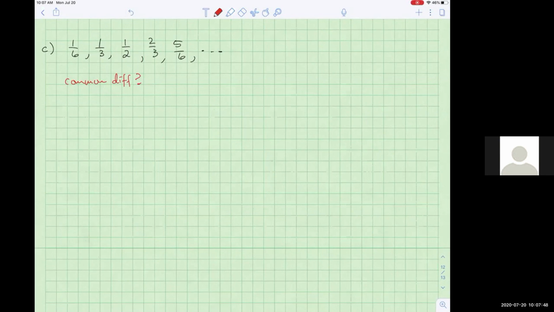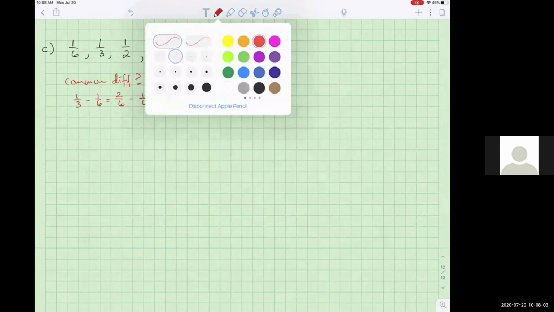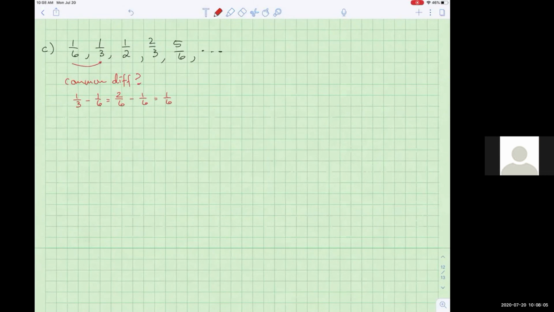But if we just go through the arithmetic here, we'll see that our 1/3 minus 1/6 is 2/6 minus 1/6, which is a sixth. And that was for our first consecutive, so that's plus 1/6.